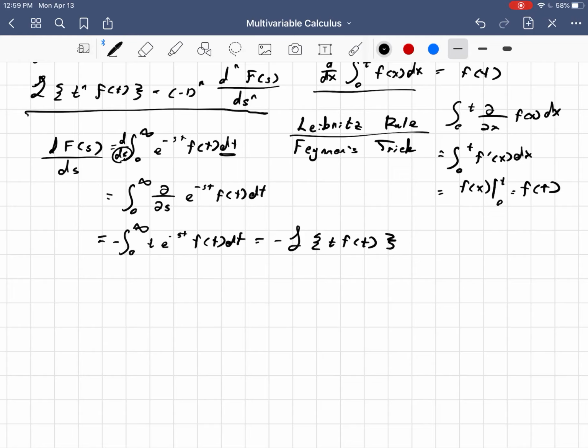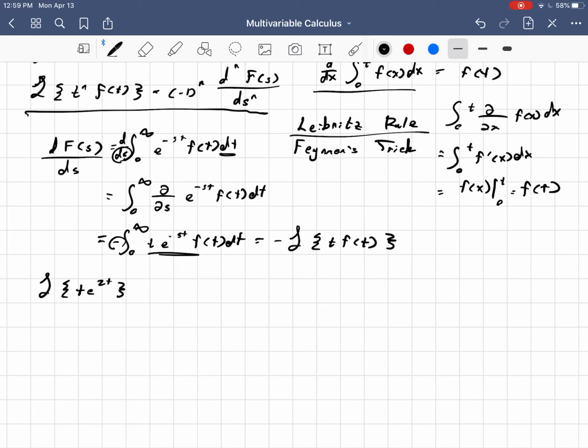And so the more general rule that I stated here holds at least for n equals 1, right? Because for the Laplace transform of t times f of t, I just stuck a negative out front and then differentiated what was inside here, and I got this negative out here.